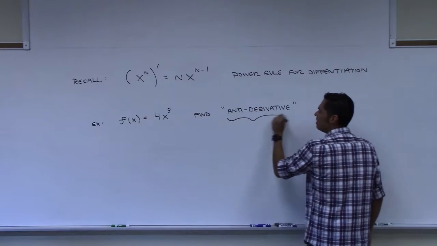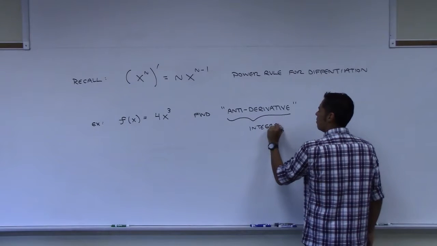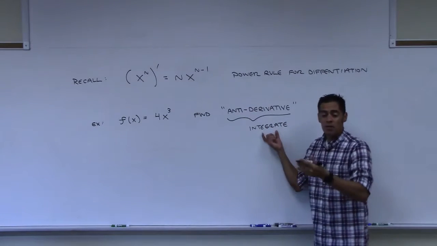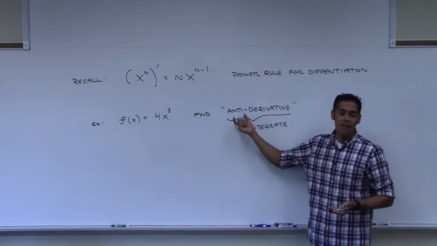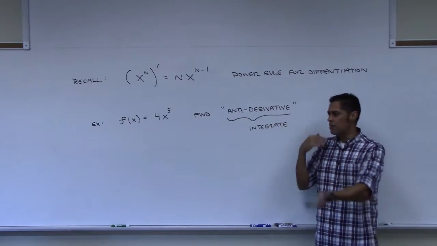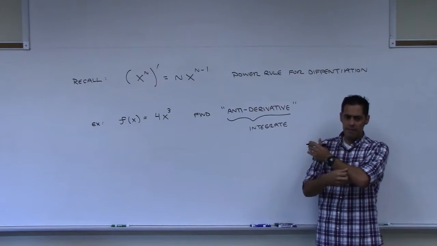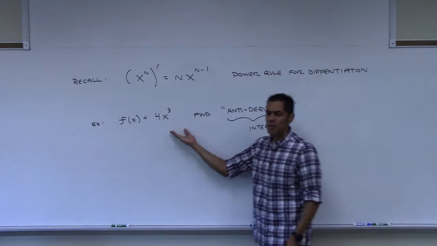What this is saying is integrate, right? We want to integrate. We want to do integration. We want to go backwards. So instead of finding the derivative, I want you to find the antiderivative. Understand? Antiderivative, opposite way. Okay? So this is some new language. So what would the antiderivative of this function be?